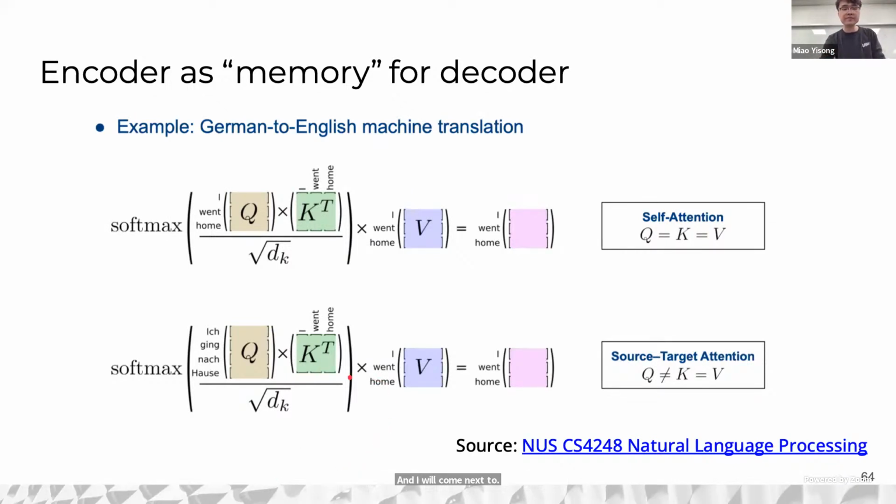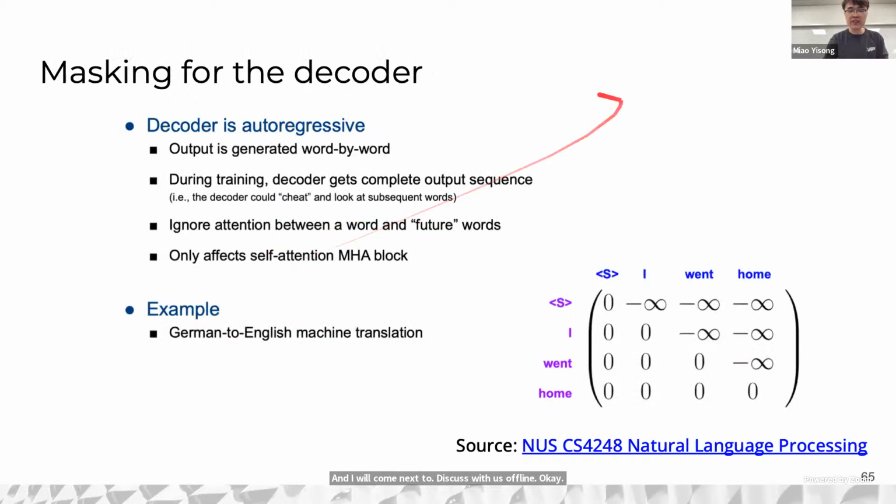Okay, and so one final thing about the training of the decoder is that we need to mask something out. It's a very tricky point. When we are training a sequence-to-sequence model, we actually have the target, the output, in hand, right?